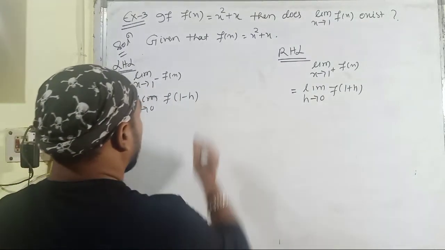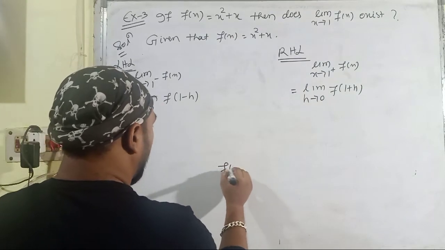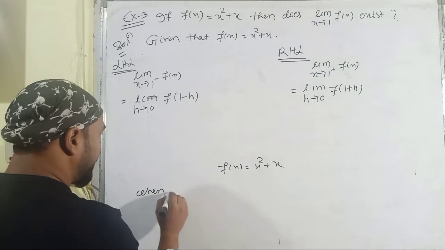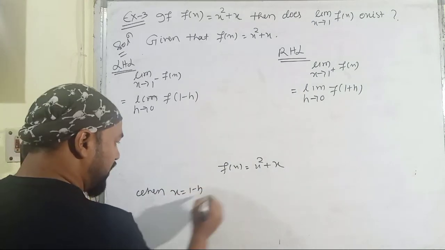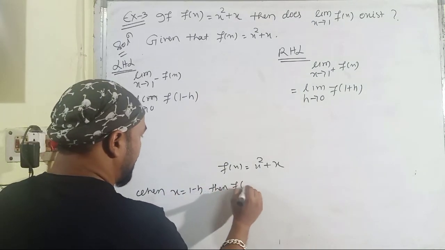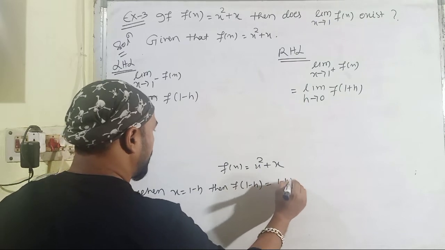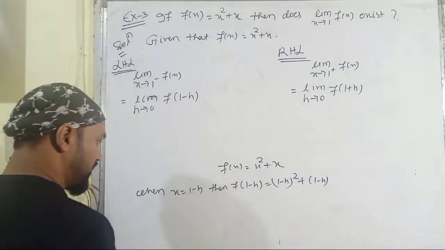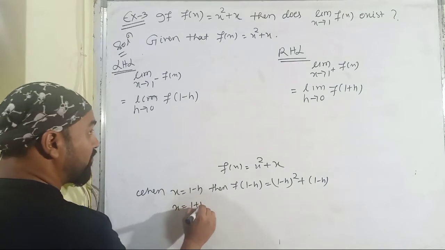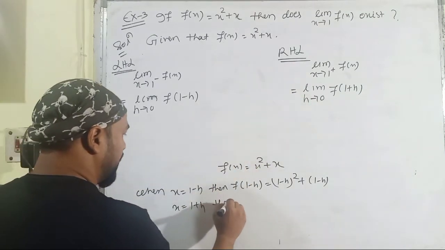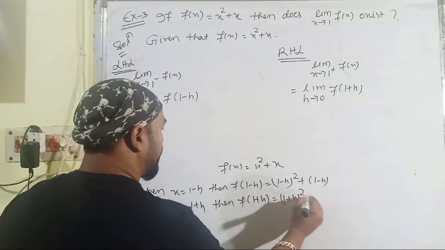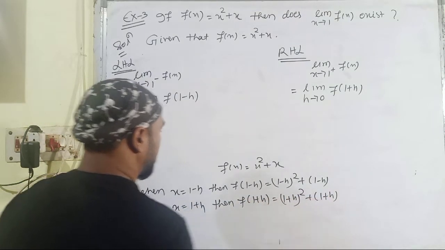As the given function is f of x is equal to x square plus x, when x is equal to 1 minus h, then f of 1 minus h is equal to whole square of 1 minus h plus 1 minus h. When x is equal to 1 plus h, then f of 1 plus h is equal to whole square of 1 plus h plus 1 plus h.